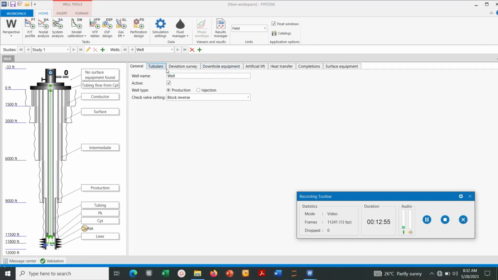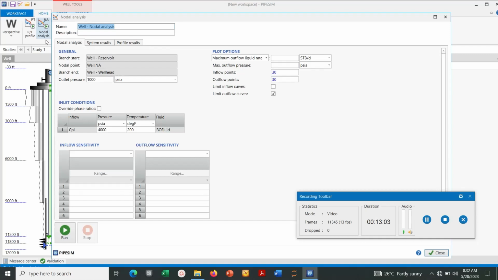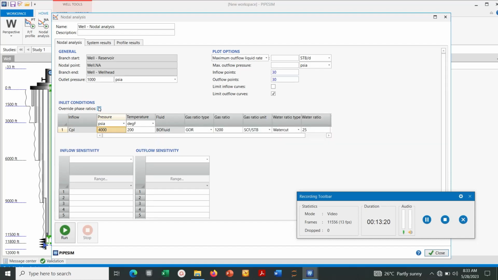Alright, so we go to nodal analysis. Wow, so reservoir pressure here is at 4,000. No wonder the well is producing under natural flow higher than the gas lift and ESP.